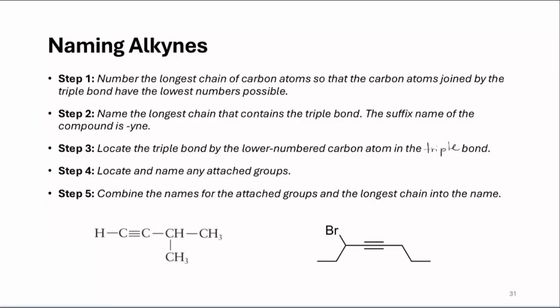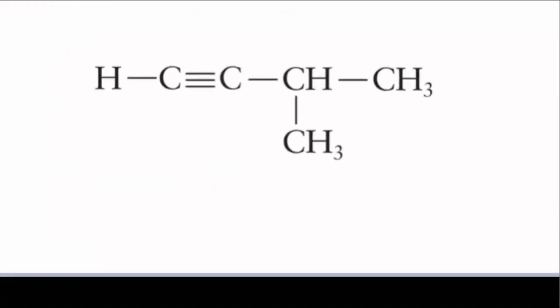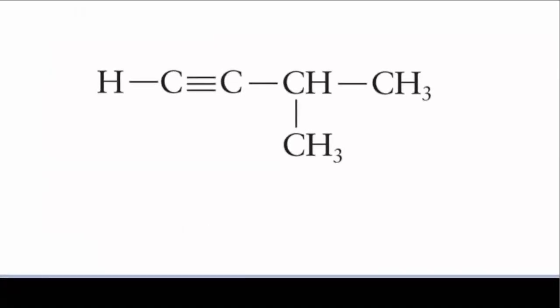Let's look specifically at the two examples that we have at the bottom. Looking at this condensed structure, we can observe that the longest continuous chain of carbon atoms can be selected as this one or this one.